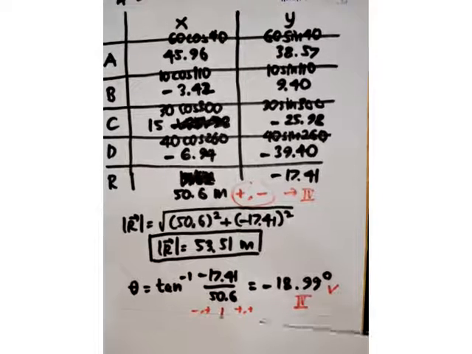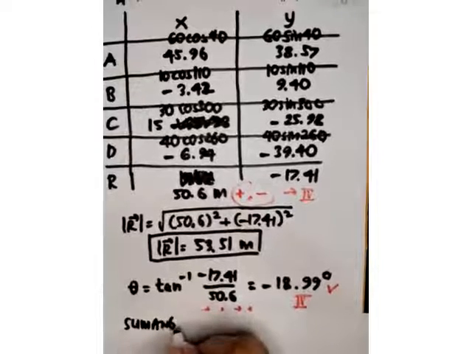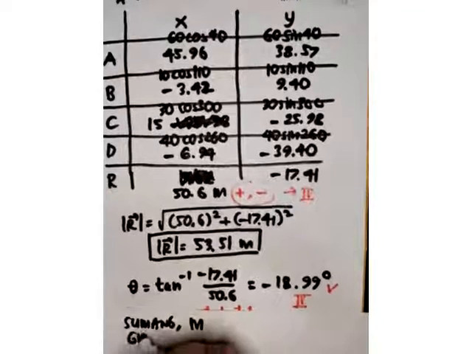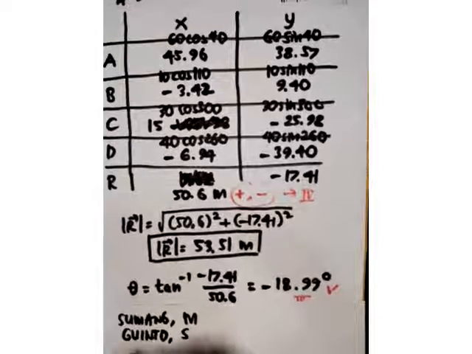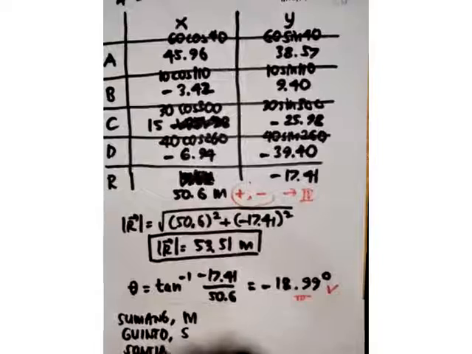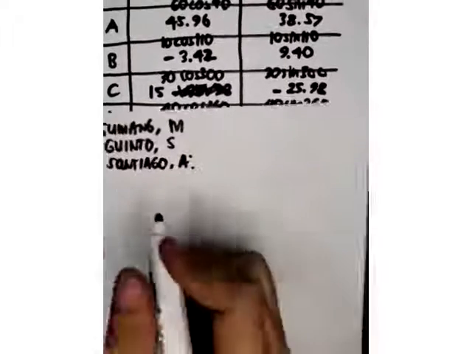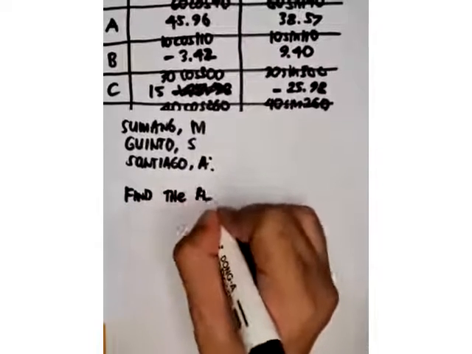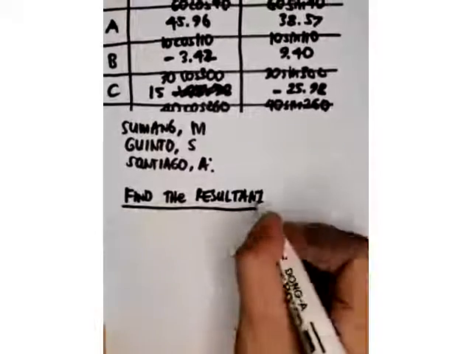Sige. So, kayong tatlo, Michael, Ginto, Shanine, and then Santiago, Anon. So, ito yung last point nyo. Siyempre, may papagawa ko. So, find lang. Same lang naman din. So, find the resultant. You can submit this until tomorrow.